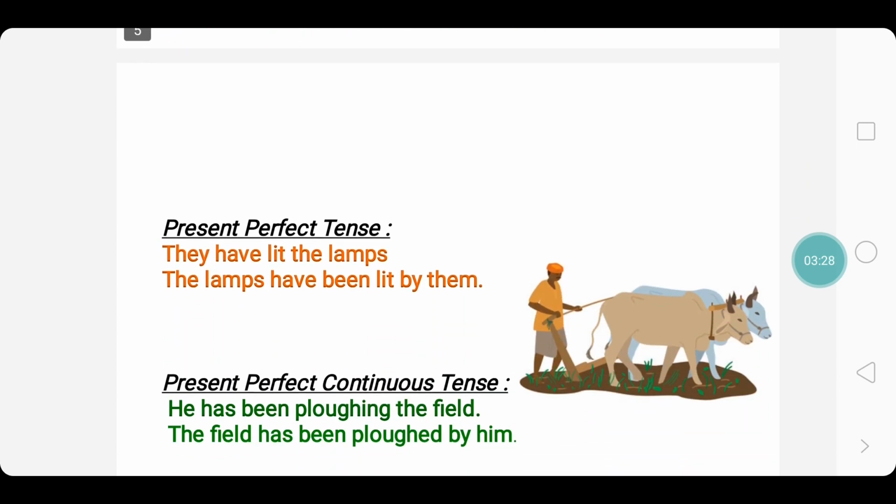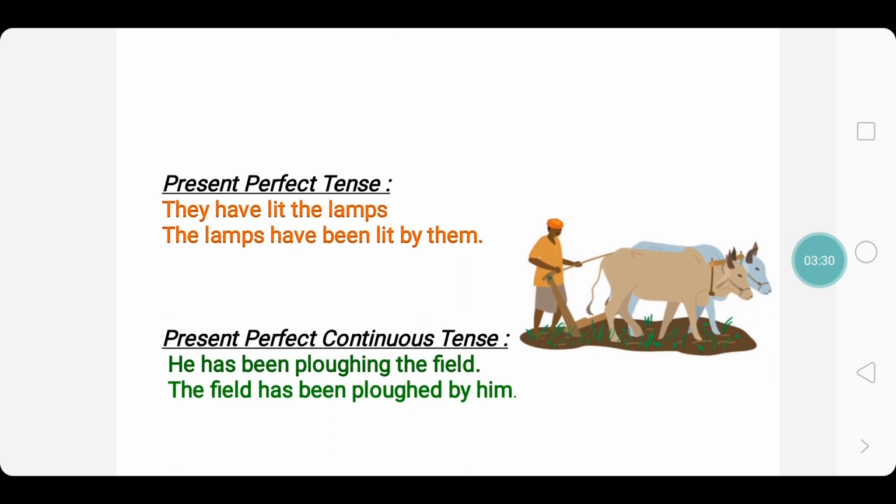On to the present perfect tense. The lamps. This gets converted as the lamps have been lit by them. On to the present perfect continuous tense. He has been plowing the field.